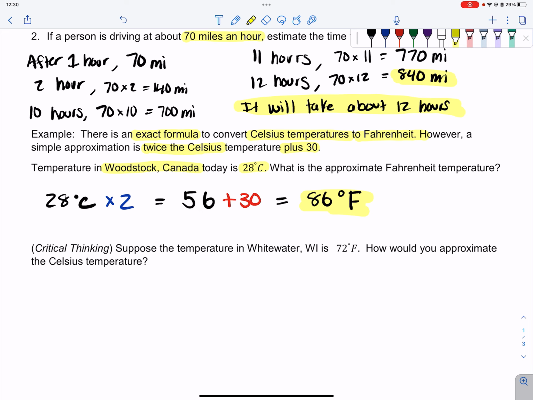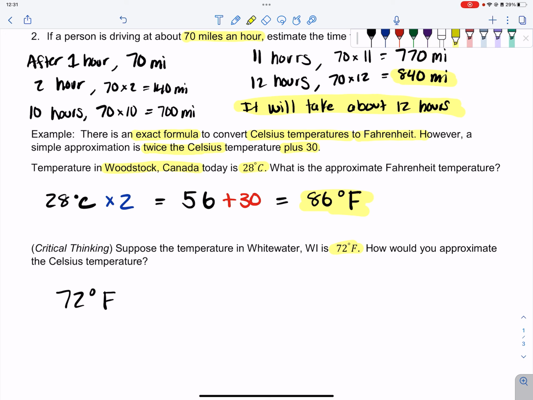Next, we want to work the other direction. So we are told that the temperature in Whitewater is 72 degrees Fahrenheit. So let's think about how you can approximate the Celsius temperature from this. So we have 72 degrees Fahrenheit, and now I want to work backwards from my formula that I did earlier.